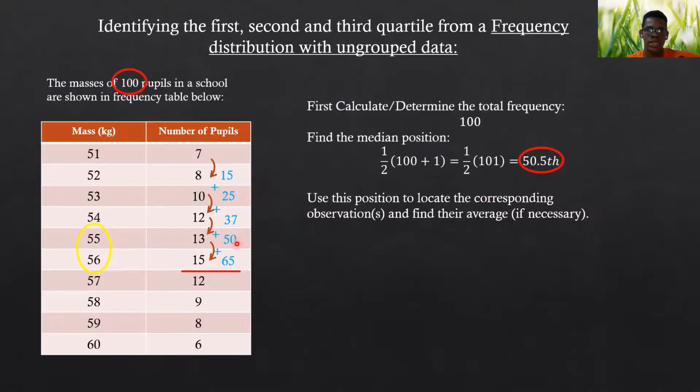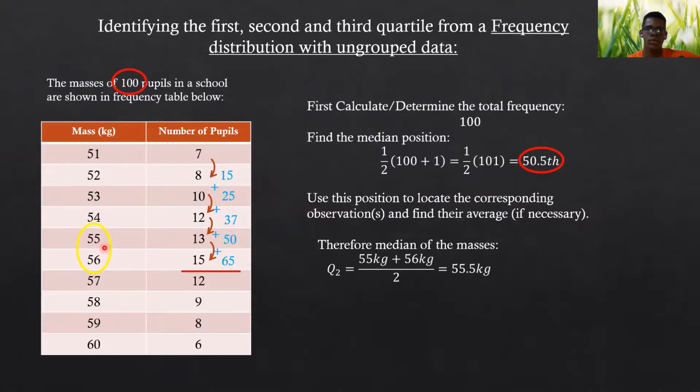Our value is stretching between these two observations, so we have to take both of them. It tells us that our observation is between 55 and 56, so we take both of them, 55 and 56, and find the average.